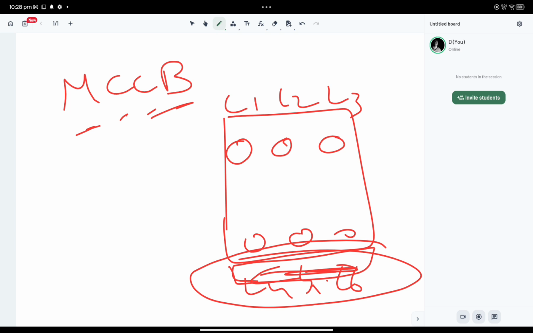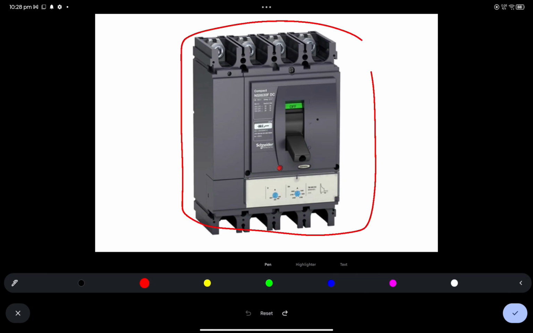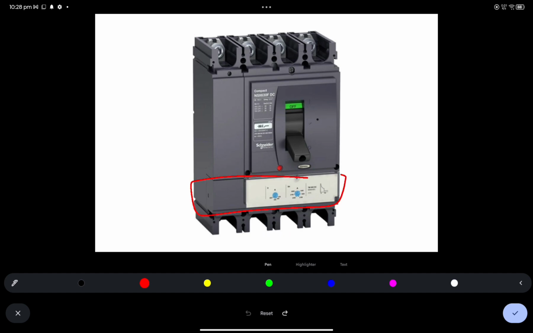Let's see an image and get to know how it looks. So this is an MCCB. Yes, it looks bigger than an MCB, right? This is called the trip unit, where we can vary the current value, right? For MCB, we have only a fixed current value, but here we can also vary the current values.